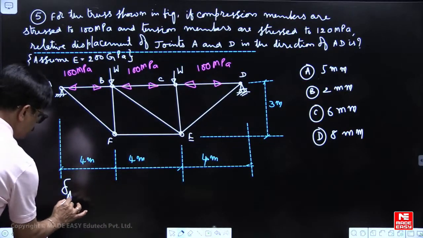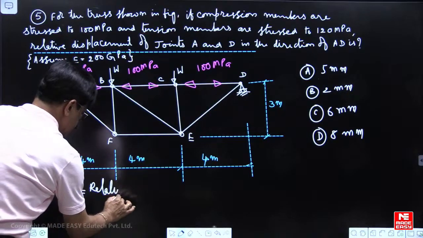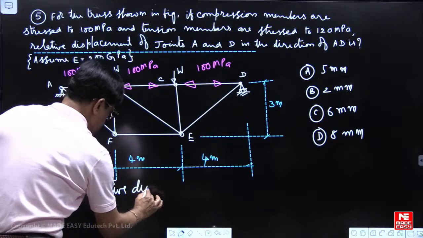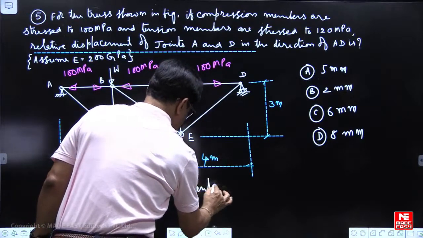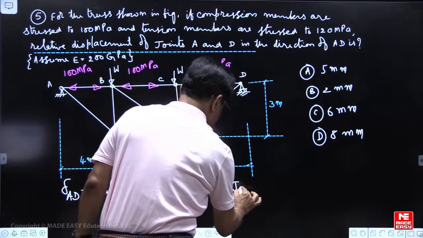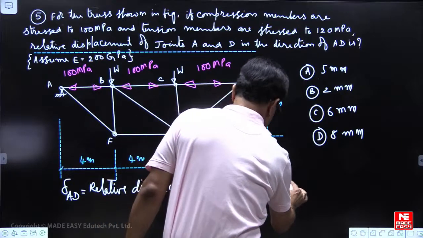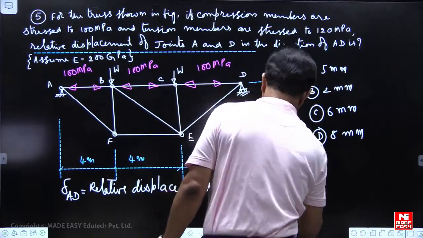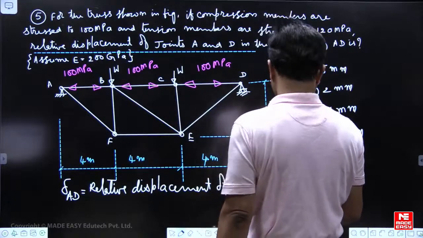Relative displacement of joints A and D is the sum of the values FL by E.